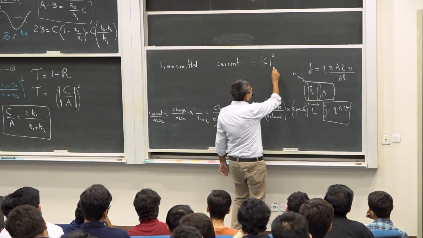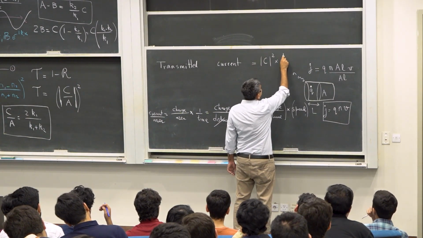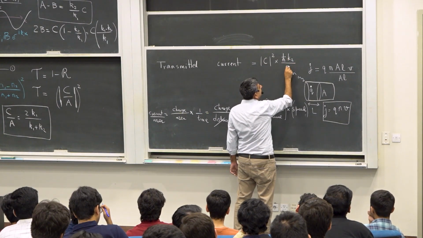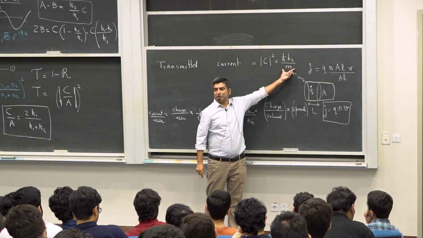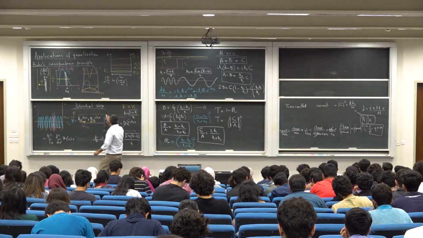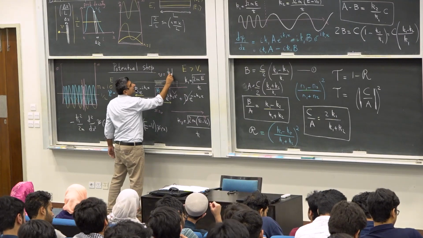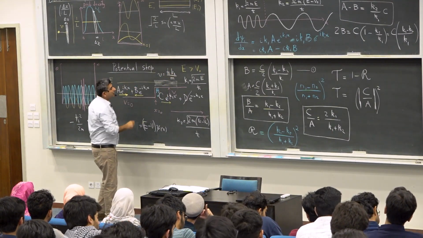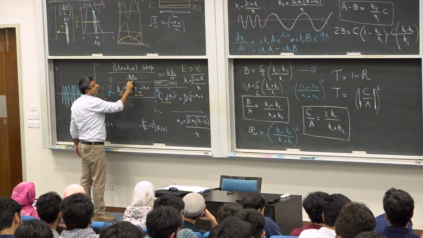The speed is momentum divided by the mass. The momentum is h bar k2, so the speed is h bar k2 over m, correct? This is the speed of the particle in this region. What's the speed here? h bar k1 over m.